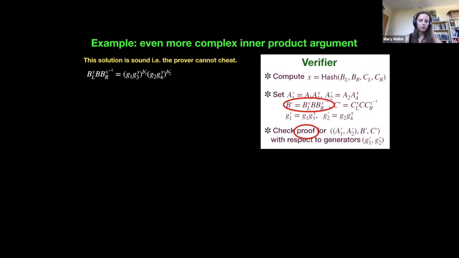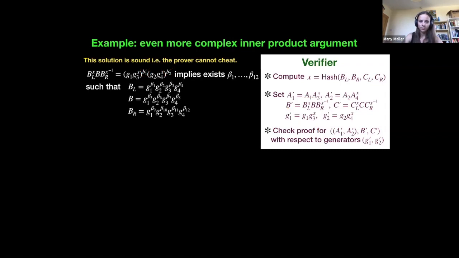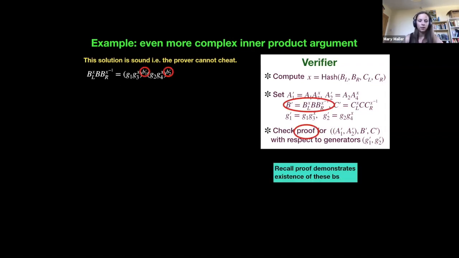And how we start is we say, well, we have a proof that the 2-dimensional case is satisfied. So we know that BL to the x, BR to the x minus 1 is equal to G1, G3 to the x, B1 dash for some B1 dash, that must be true. And likewise with G2, G4 to the x, B2 dash.